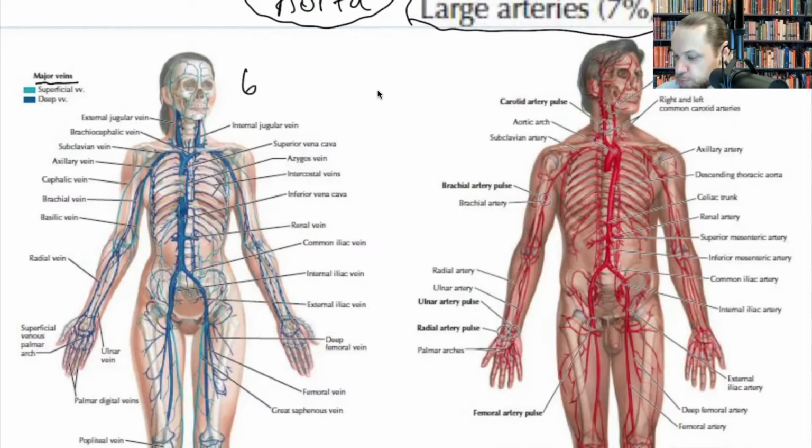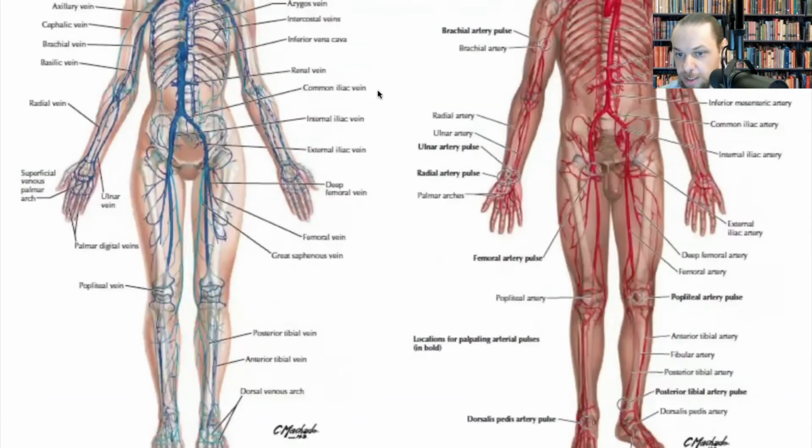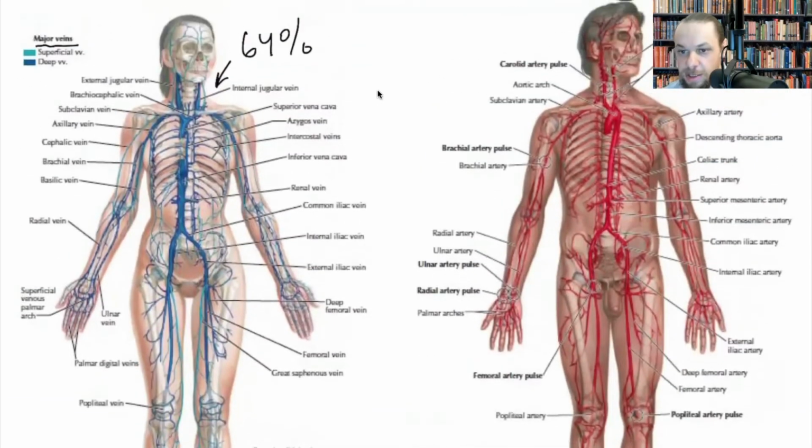All these vessels that you see here in blue, this is the venous system. All the arteries you see in red compose your major arteries, such as your aorta, and you also have your peripheral arterial system, how it distributes blood to your periphery, to all other organs in your body.